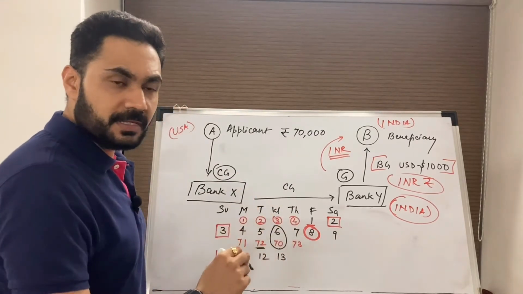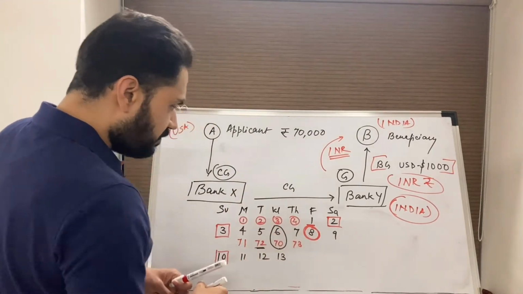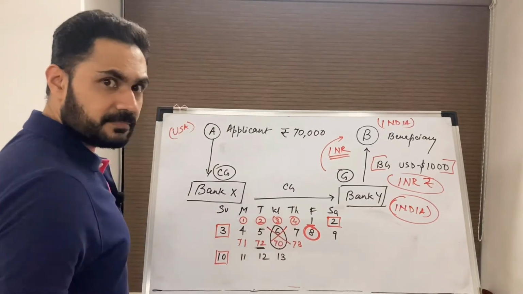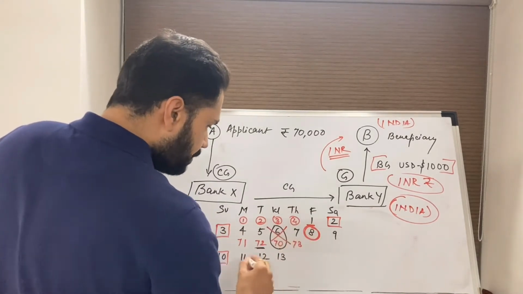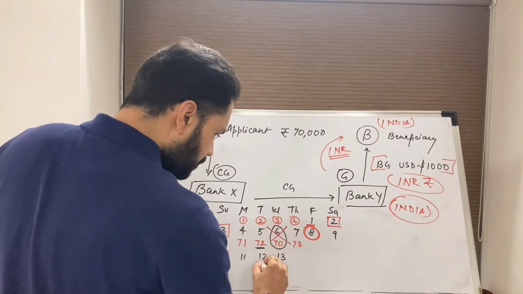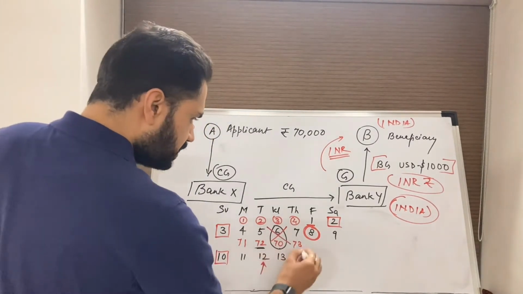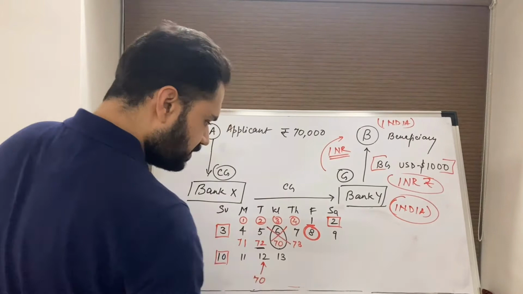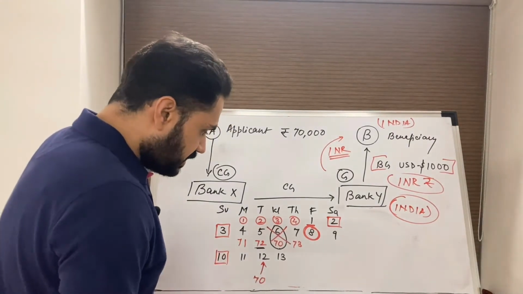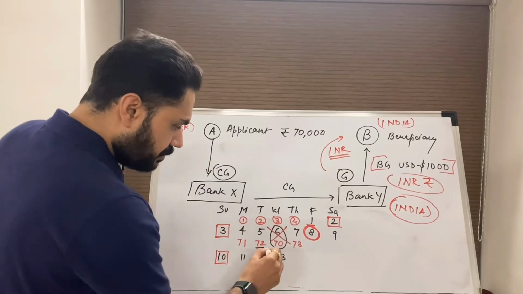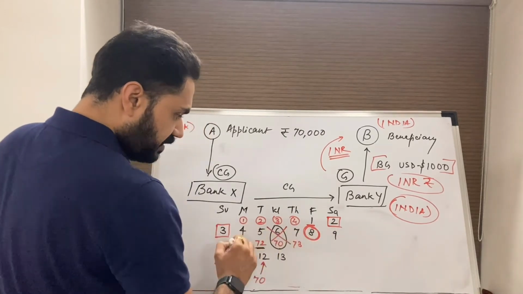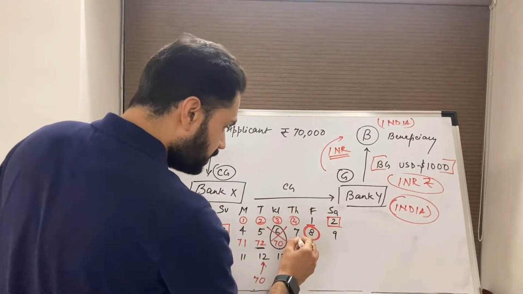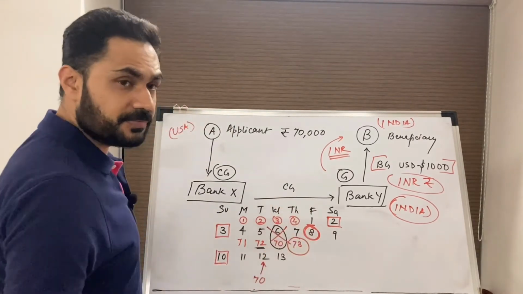This is the date when the payment is due. Now, another case: if by any chance the guarantor is not able to make payment on this date, and makes payment on, say, the 12th, and on the 12th the exchange rate was 70, then the beneficiary can say, boss, you have not made payment to me within the time period permissible as per URDG, so I want payment as per the rate prevalent on the 7th, which is 73.